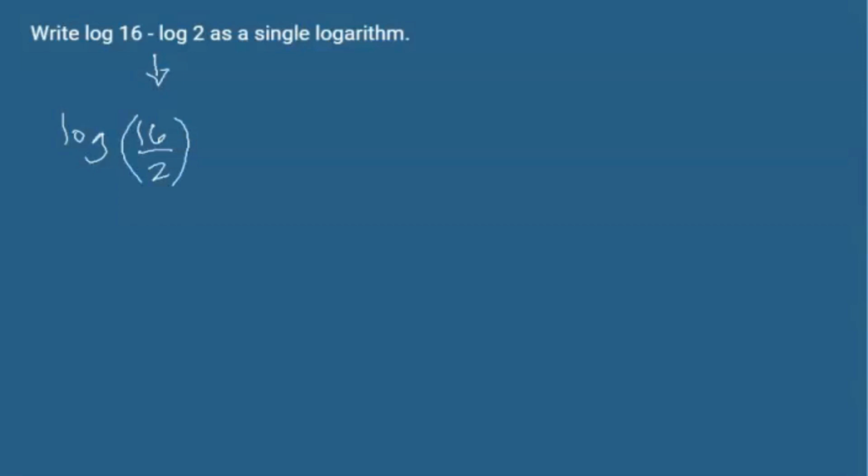This would be the logarithm of 8. We can still simplify this: 8 is 2 cubed, and this one is a power law. Simplifying, we get 3 times the logarithm of 2. So this is the final answer.